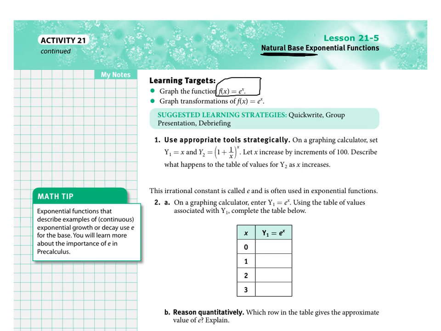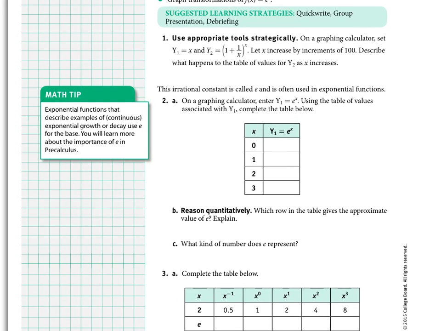Now we're not going to go into everything of where e comes from right now, but I want you to get the idea of the fact that it transforms just like all the other ones. Let's make a quick table so that we can graph this parent graph and then talk about all the transformations.